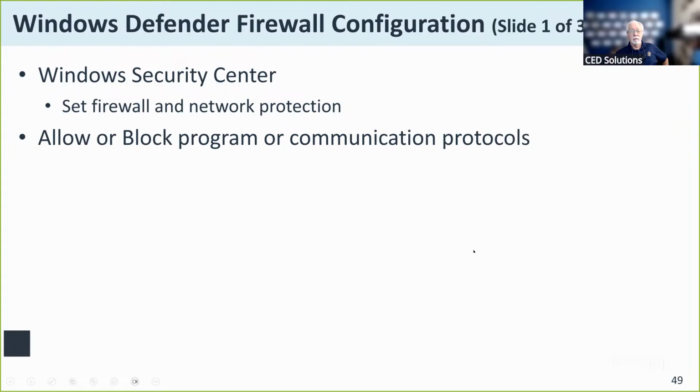Now, I want you to understand too, in IP networks, you will hear basically three terms that identify different network segments, I guess is the best way to put it. You'll hear intranet, you'll hear internet, and you'll hear extranet.